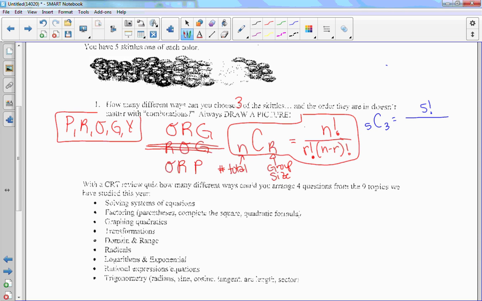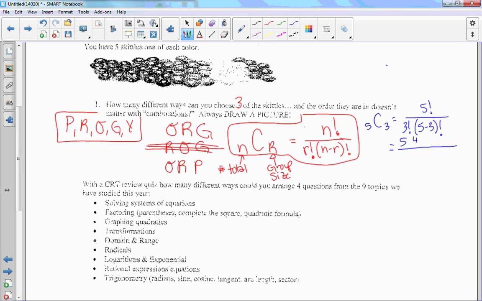Now what is r? Which is, in this case, 3. Factorial. And then we subtract them. 5 minus 3 factorial. Okay, so if we work this out, 5 factorial. Okay, Haley, can you tell me what 5 factorial would be if we expand it out?